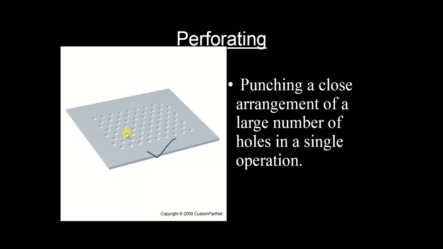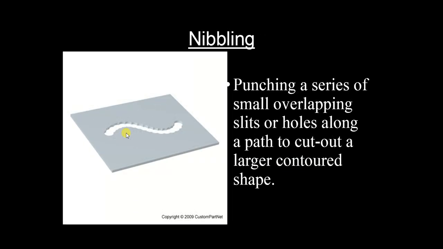So we perforate the material: we are creating holes, punching them, and eliminating the scrap of the holes, and the leftover sheet will be used for the desired application. Clear?